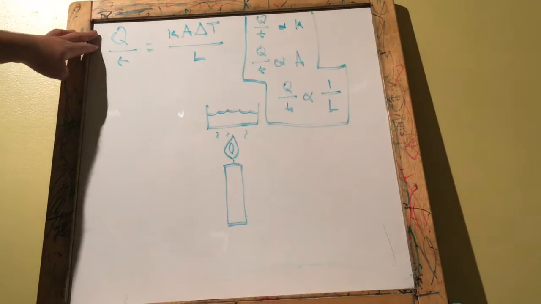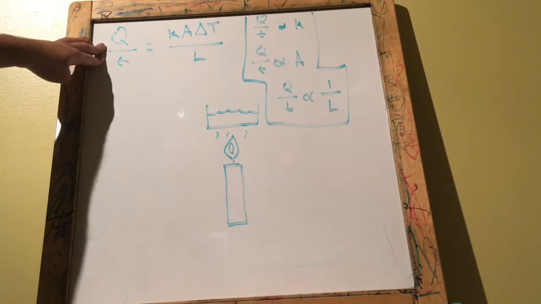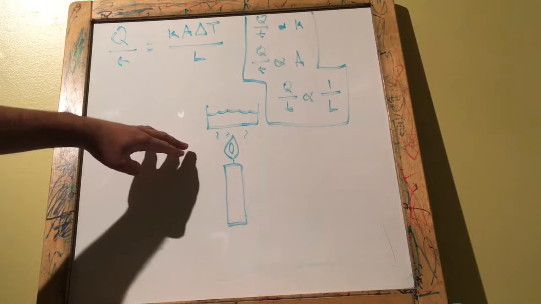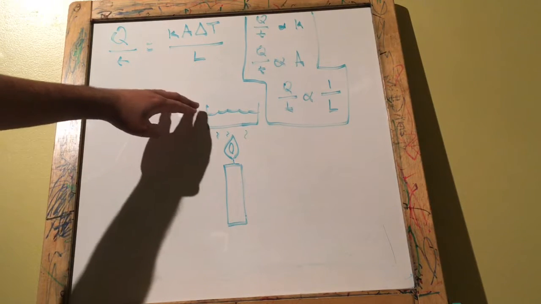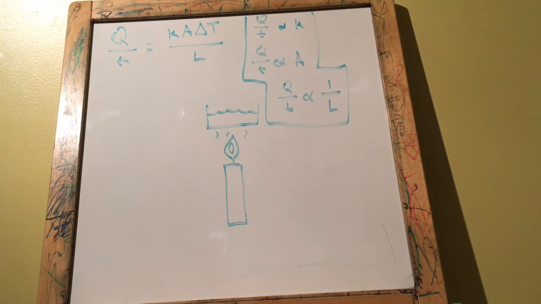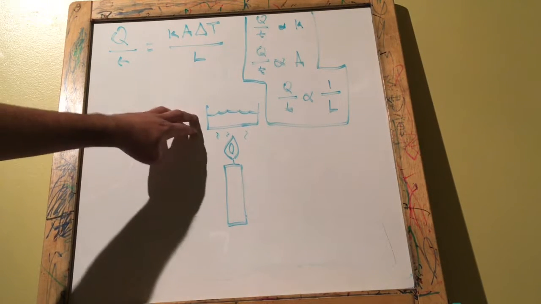This equation here will best help to explain how heat is transferred from the candle to the water, and it'll also explain some more factors about how the heat is transferred and how good of a conductor the metal will be for heat.